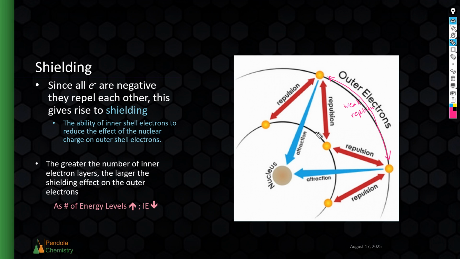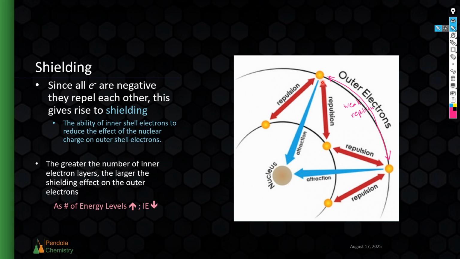However, electrons that are inside of that atom, electrons in inner energy levels, like energy level 1 in this case, have a lot of repulsion for the electrons in the outer energy level. Electrons that are inside are going to form almost a shield of negative repulsion to the nucleus for those electrons.